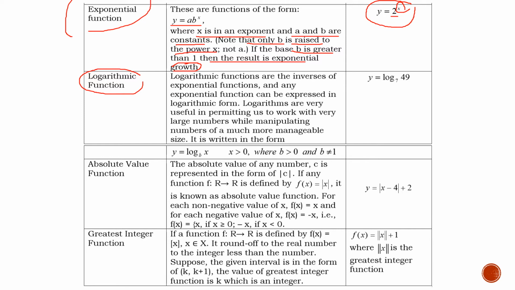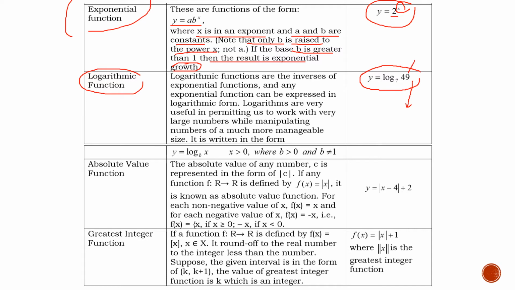Logarithms are very useful in permitting us to work with very large numbers while manipulating numbers of a much more manageable size. It is written in the form of y is equal to log base 7 of 49.